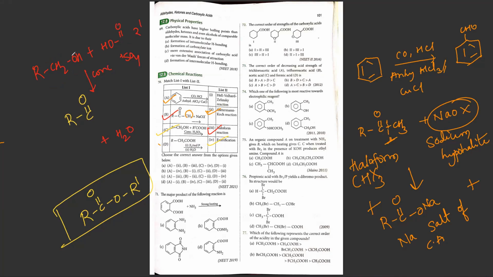It will be water, H2O. So one product is H2O, and another is R C double bond O, O CH2 R. This is the product formed here: water and an ester.